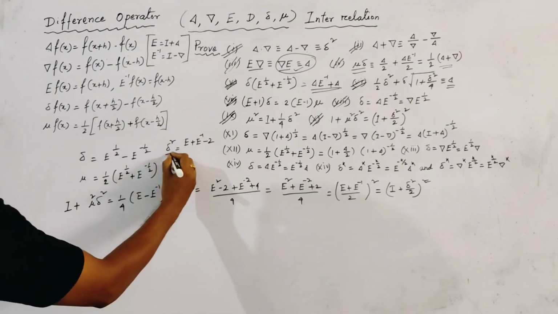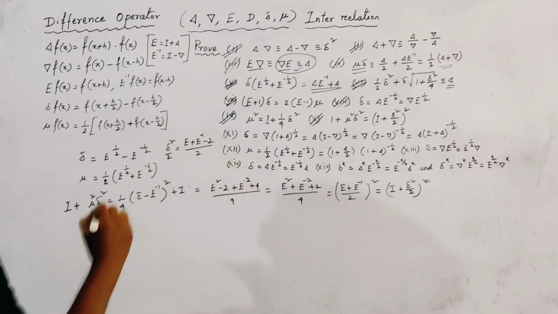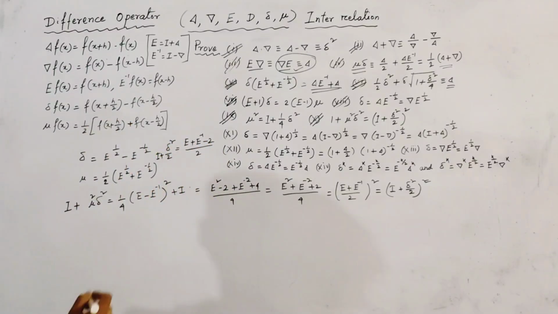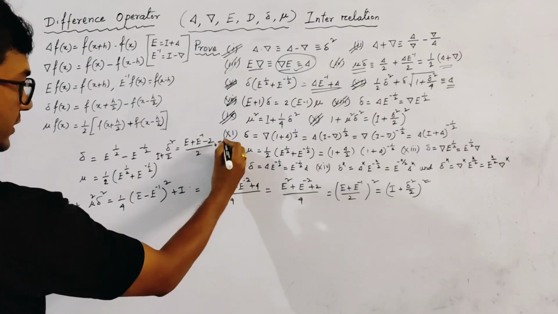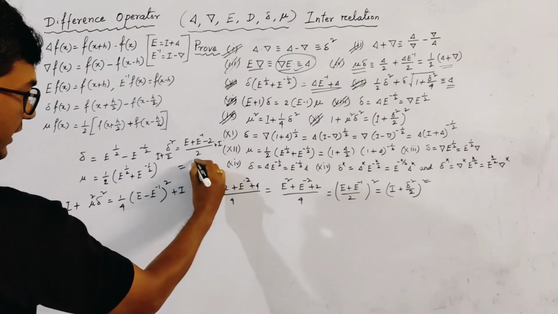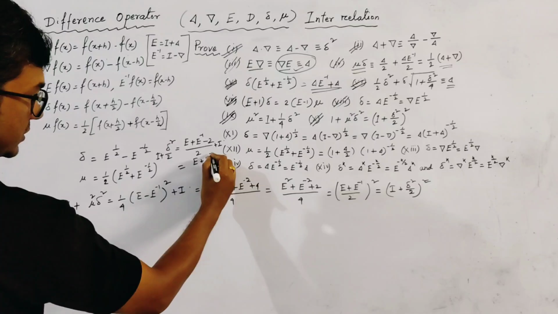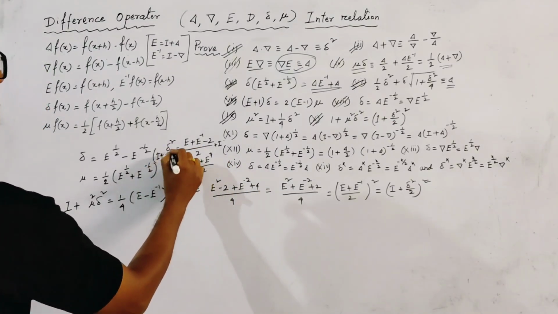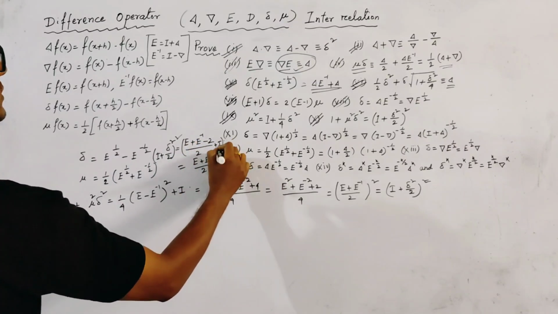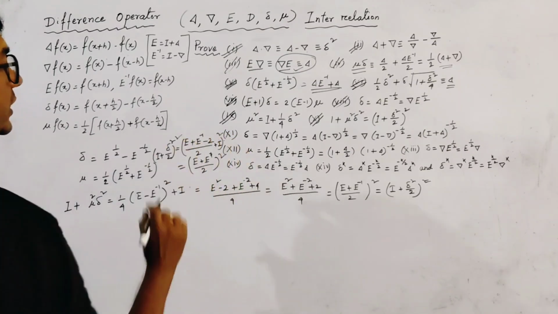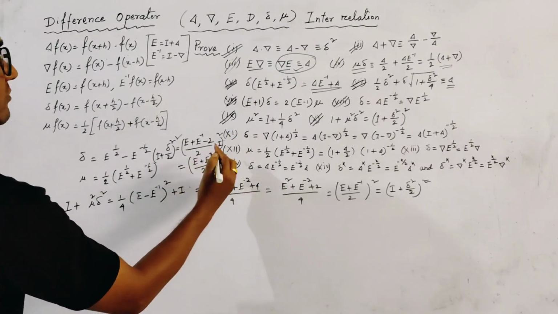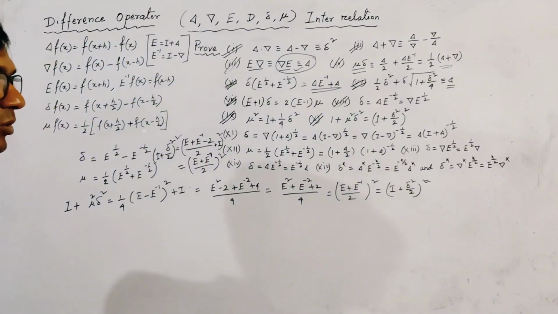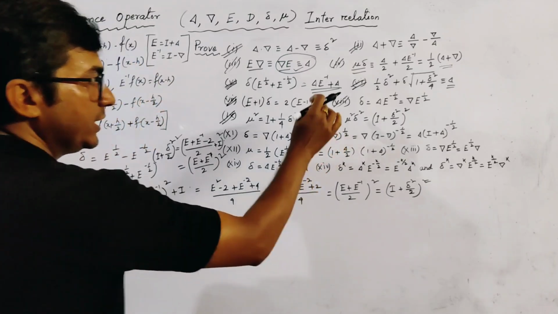So delta square by 2, and I plus delta square by 2, we get e plus e inverse by 2 from here, and by squaring both sides we get e plus e inverse by 2 whole square. So we write this result here. This is the proof of relation number 10.